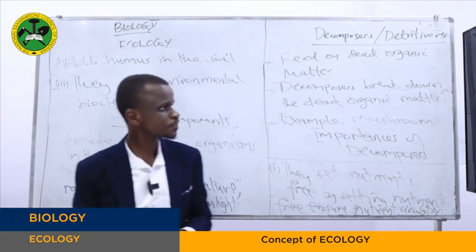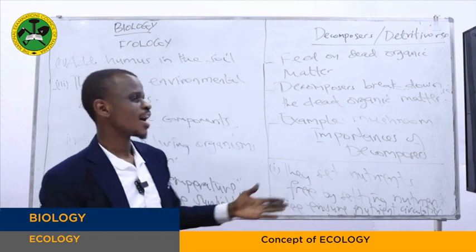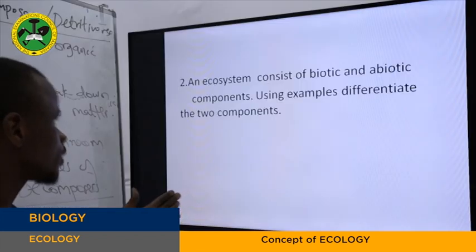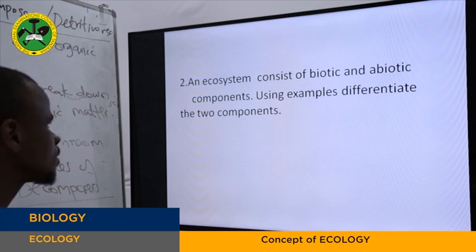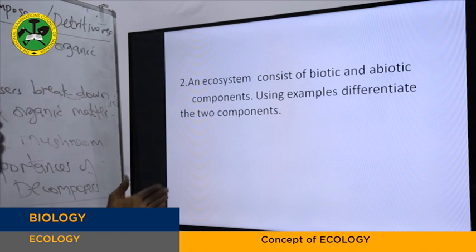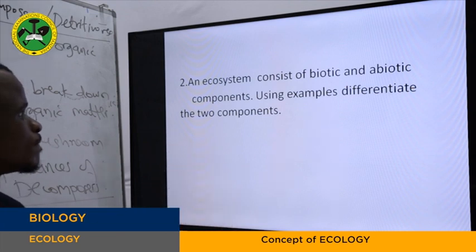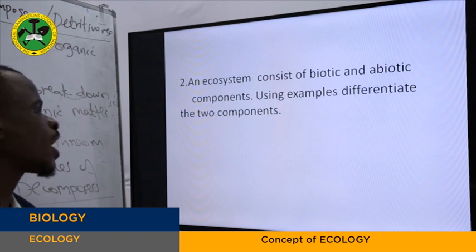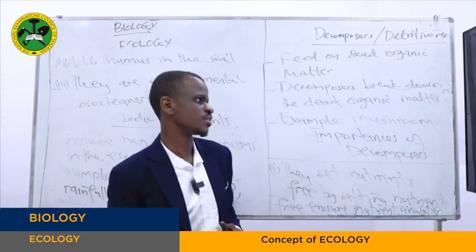Question number 2. The question is, an ecosystem consists of biotic and abiotic components. Using examples, differentiate the two components. Biotic components, as I've said, include living organisms. Abiotic include non-living organisms.